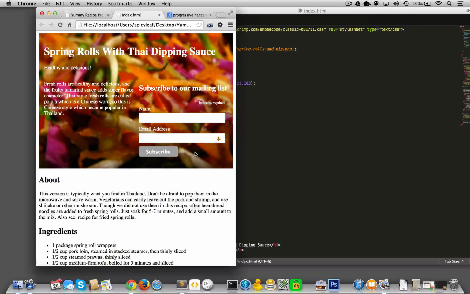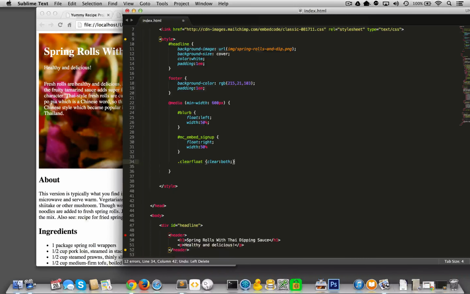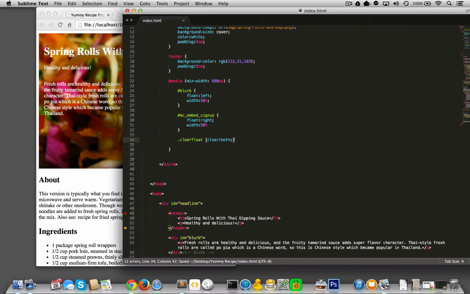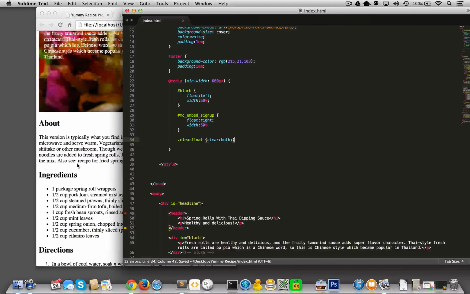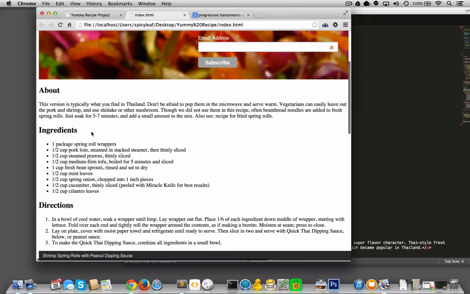And ha. All right. This is a little bit of principle I don't want to get too deep into about clearing floats. But the problem is that when you float something to the left or to the right, it actually removes it from what's known as the document flow.